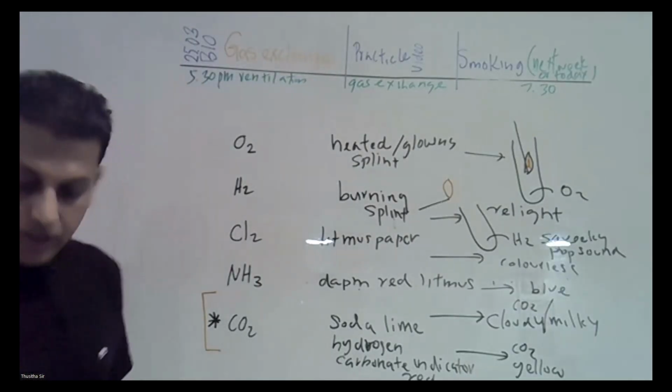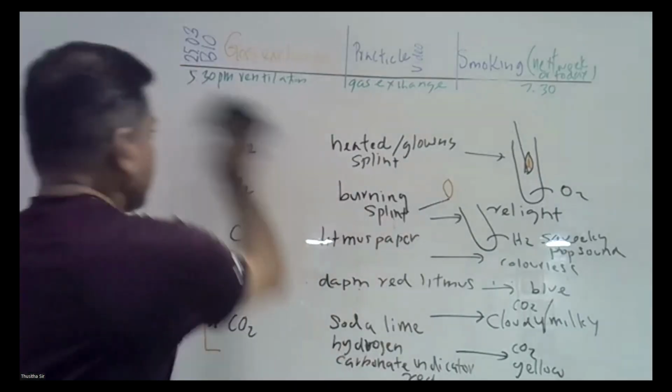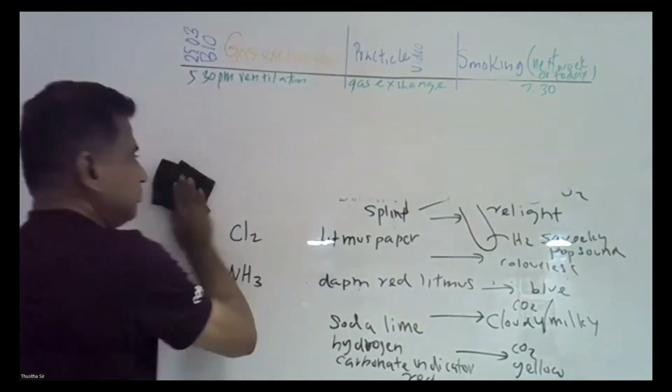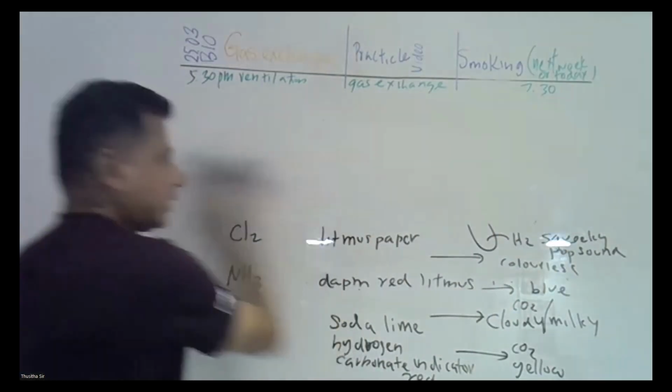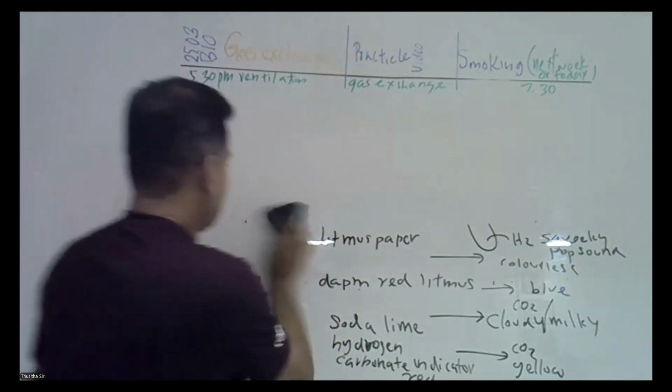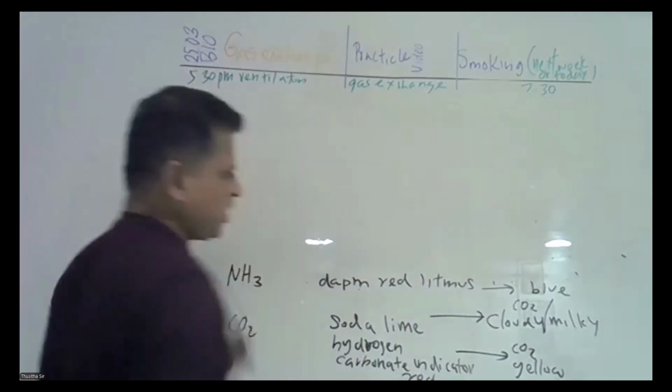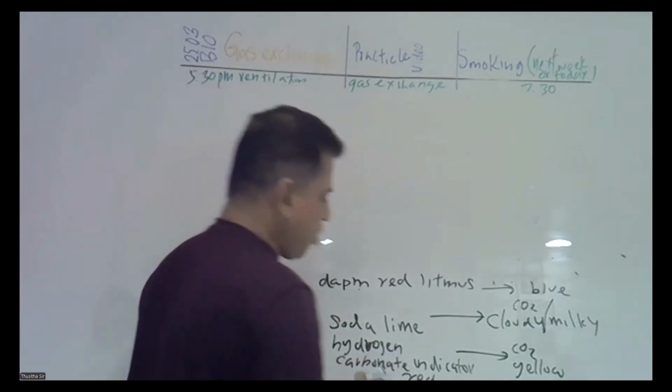Okay, I hope you copied this. Excuse me, sir. Is the color of hydrogen carbonate indicator red? Usually it's red or orange.